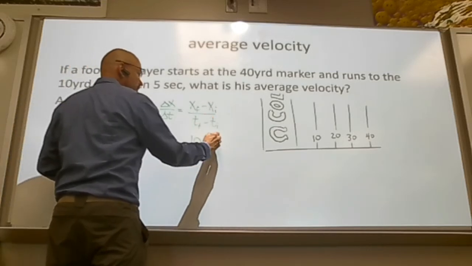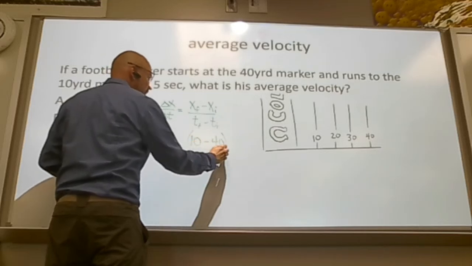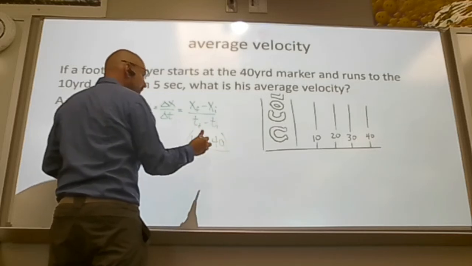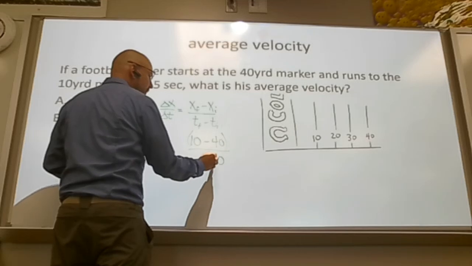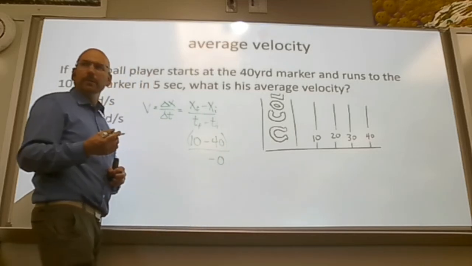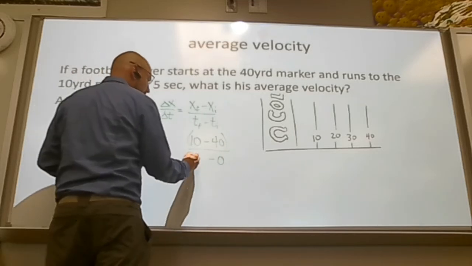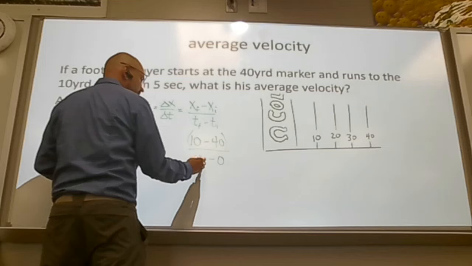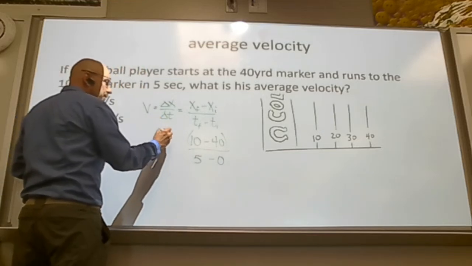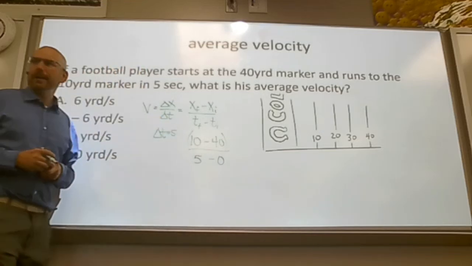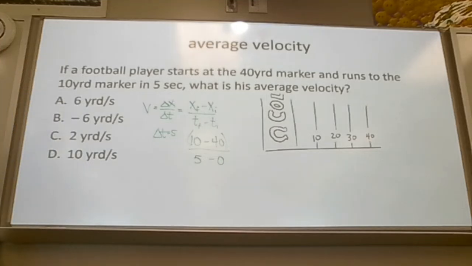Your initial position was 40. Your initial clock reading will be 0 because we started our stopwatch at 0. And the final clock reading is 5 seconds. Often, just quick little timeout here, often I'm just going to write delta t is 5 seconds. I won't go through this.